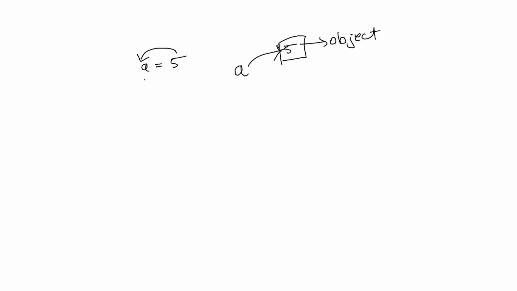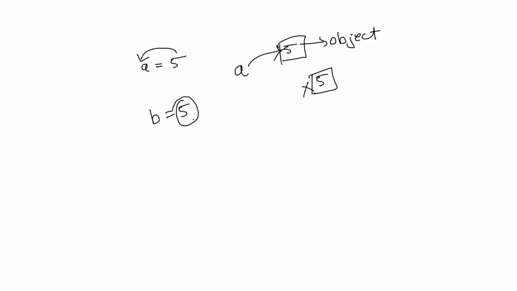The moment I write b is equal to 5, I assign the same 5 to another variable. So this second 5 is not created inside memory.